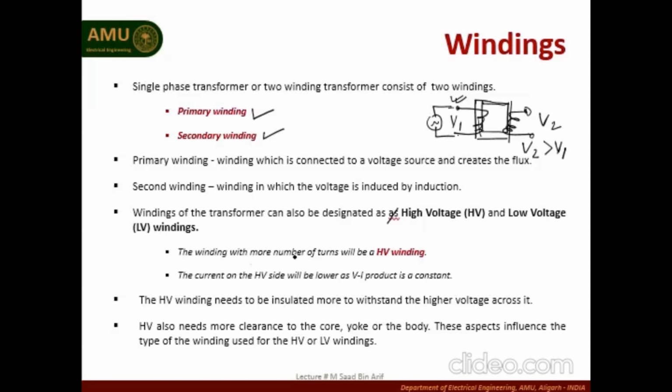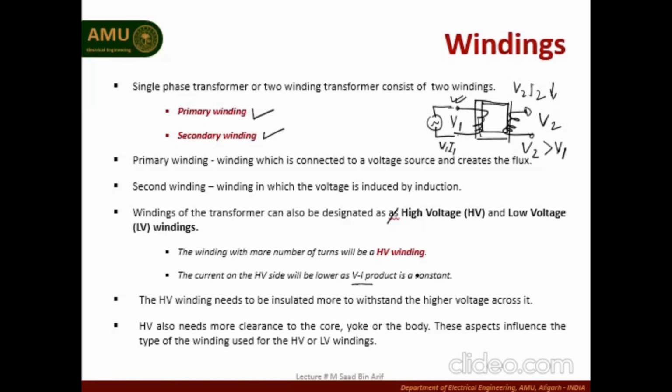Now, a winding with more number of turns will be a high voltage winding, and the current on the high voltage side will be lower as the VI product is constant. Since VI is constant at both ends, that is V1 I1 is equal to V2 I2. So if V2 is more, then obviously I2 is less, so that the product remains the same.